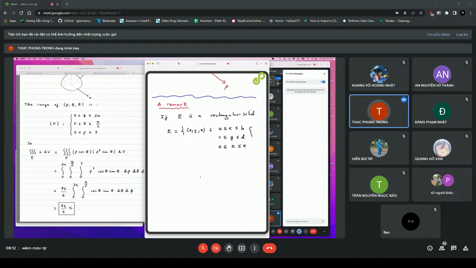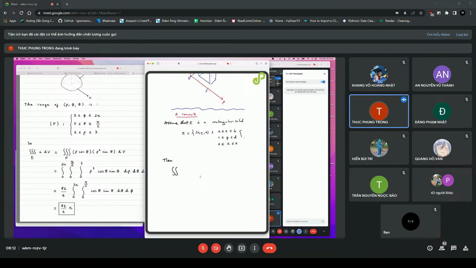Then if we integrate a function over E, and assume that the function is given in this form, let's say you have f1 of x, f2 of y, f3 of z. This is a very special type of function, but assume that you had that.